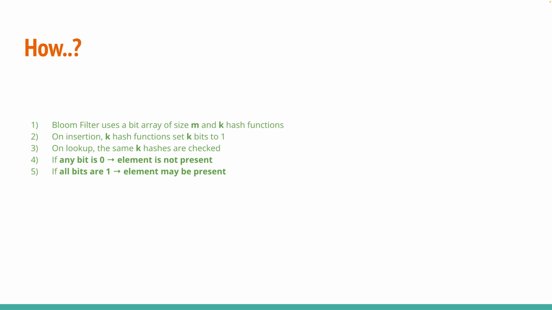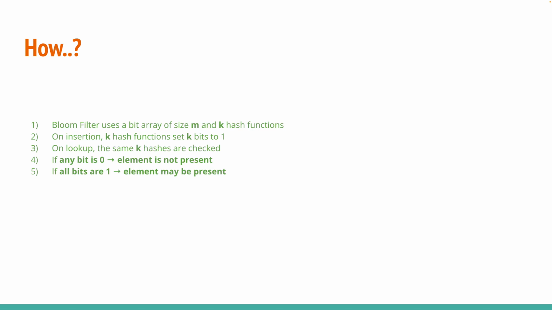When we try to insert new data, the data item will be passed on to the k hash functions, and each hash function will compute the hash and map it to one of the indexes in the bit array, and at that index it sets the value to 1, indicating that the element is present as per that particular hash function.